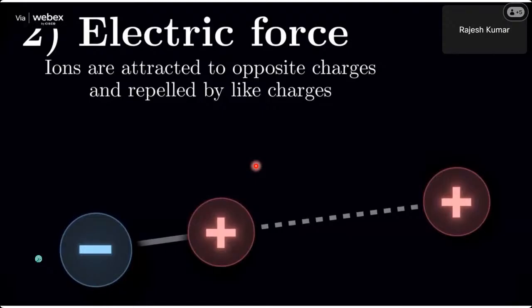The second operation which is working is the electrical force. We know that like charges repel each other, and unlike charges attract each other. That is the electrical force. So there are two types of forces occurring: one is the diffusion force, and the other is the electric force, and these help in that movement.